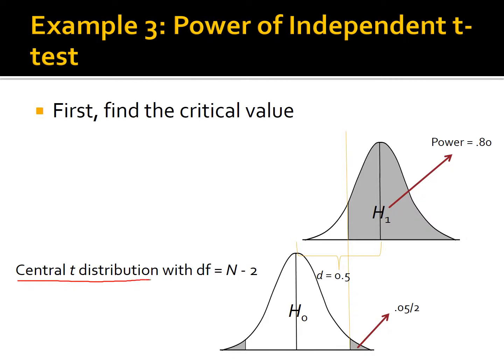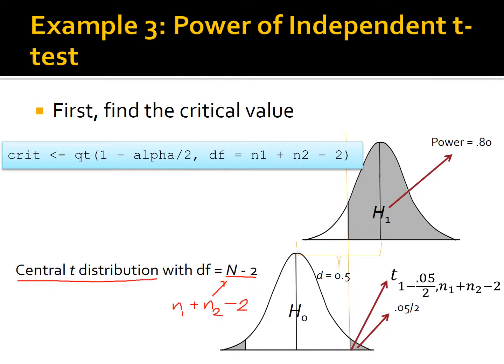We have the central t distribution with degrees of freedom n1 plus n2 minus 2, the sample size of the first group plus the second group minus 2. The critical value is found with qt, the proportion would be 1 minus alpha over 2, and the degree of freedom is n1 plus n2 minus 2.